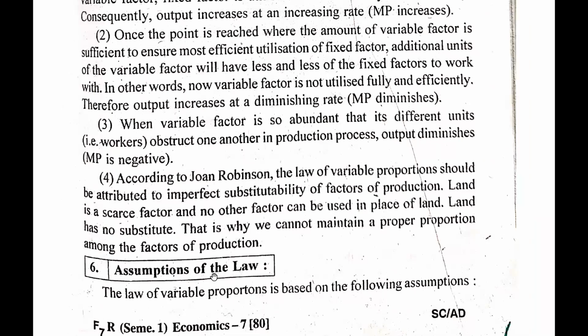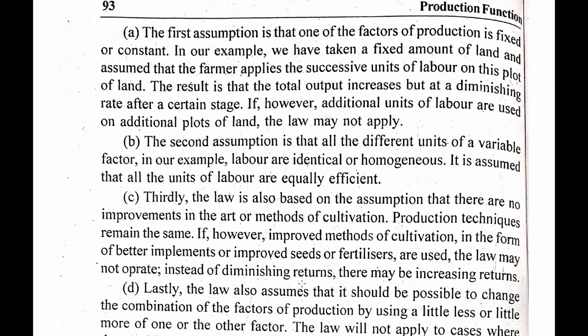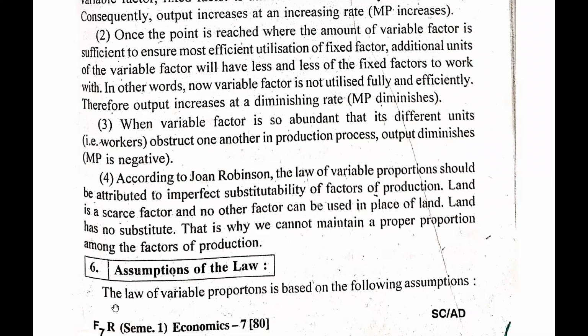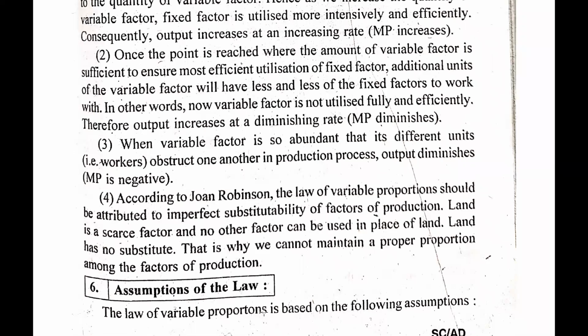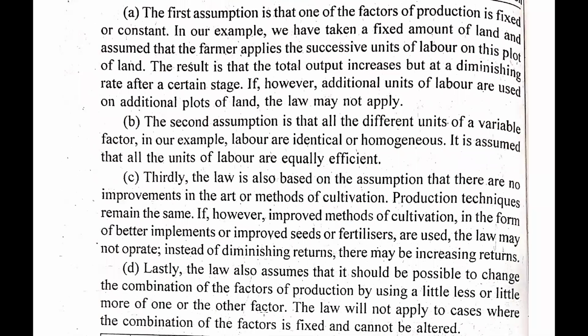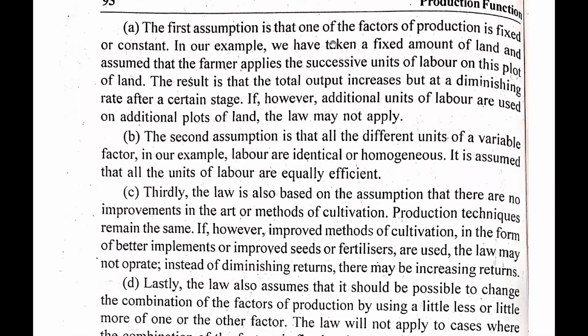And guys, now we'll see the assumptions of the law. The law of variable proportion is based on the following assumptions. There are certain assumptions to prove the variable proportions. The first assumption is that one of the factors of production is fixed or constant.